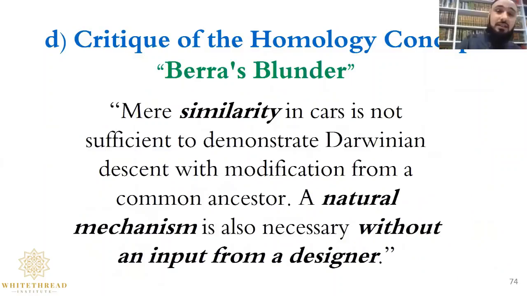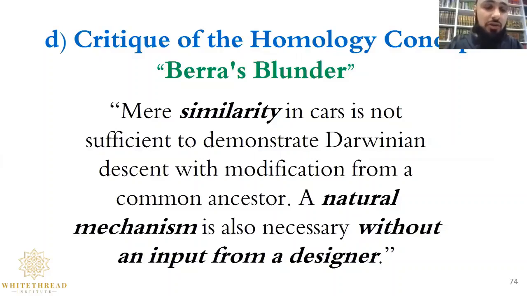So the critics of Darwinism refer to this as Barr's blunder. He was trying to use this as evidence against the creationists, but it actually backfired on him, because he's showing you cars constructed by design, by an engineering company, and presenting that as evidence for evolution. Because for Darwin's evolution, similarity is not enough.